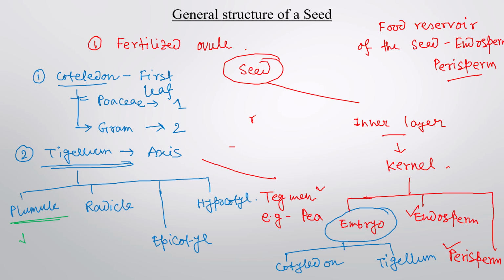Plumule is the first stem. So the stem is produced from the plumule part, and from the radicle the root is produced.